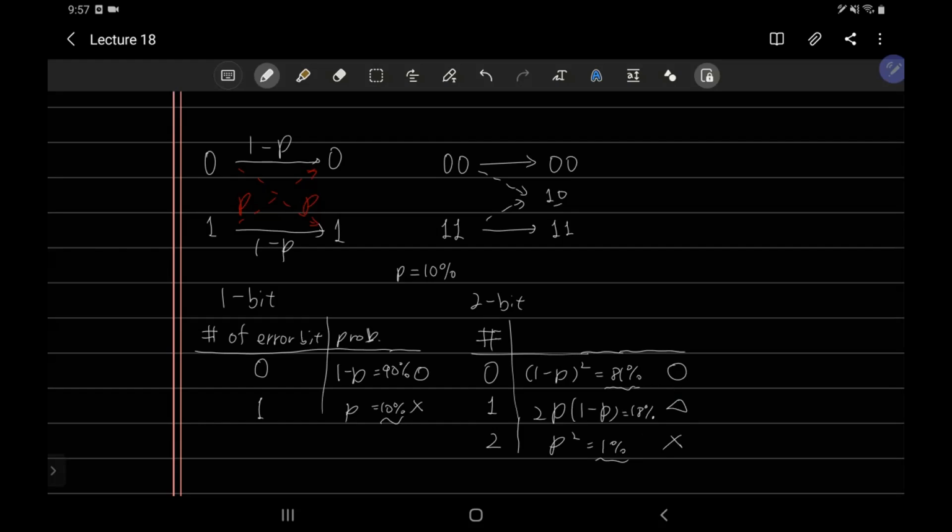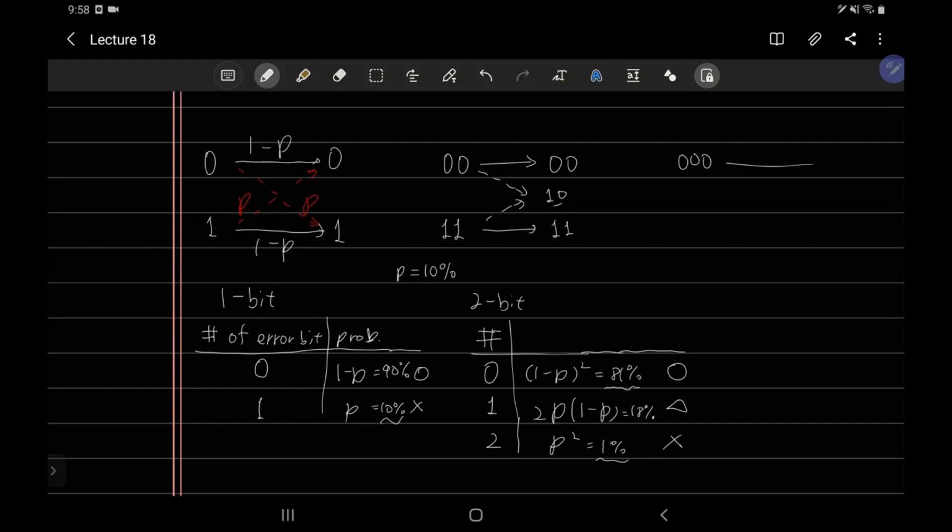However, the limitation of this case is that whenever any error happens in transmission, we cannot correct the wrong information. To be able to correct the incorrect information, we need to send 3 bits instead of 2 bits.